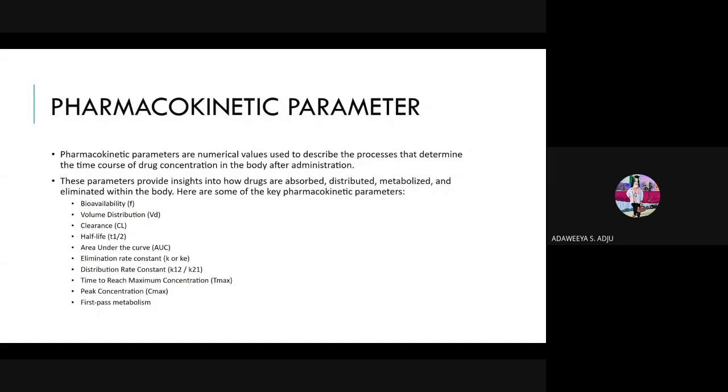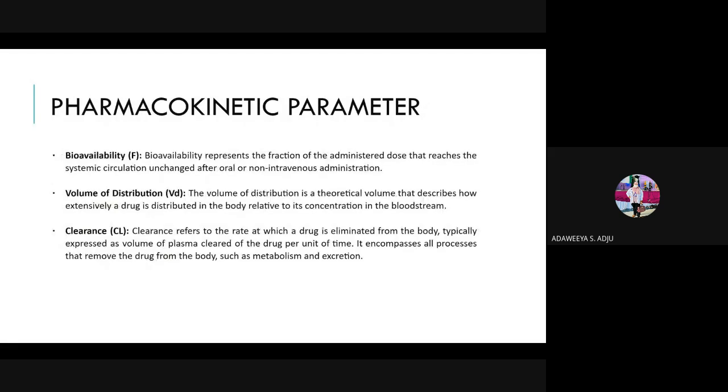So for the definition of terms, bioavailability represents the fraction of the administered dose that reaches the systemic circulation unchanged after oral or non-intravenous administration. Bioavailability takes into account factors such as incomplete absorption and first pass metabolism.